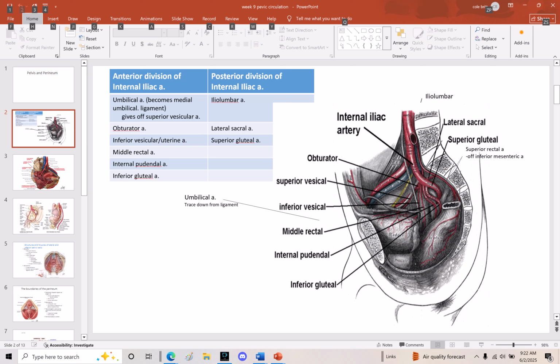So you have this anterior division right here, giving us our obturator artery. Comes off right down through here. And we have our umbilical artery right there. The umbilical artery, we actually talked about when we talked about the posterior abdominal wall.